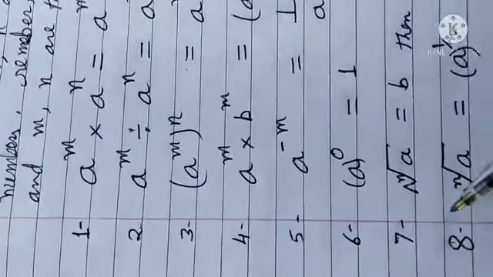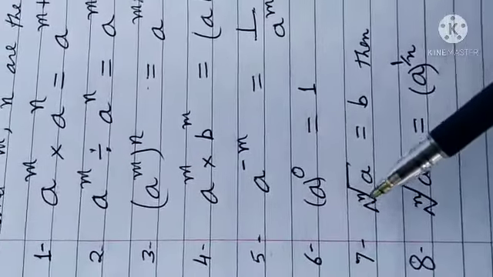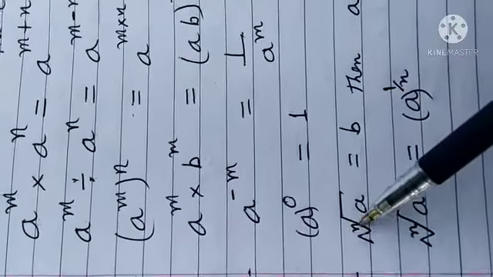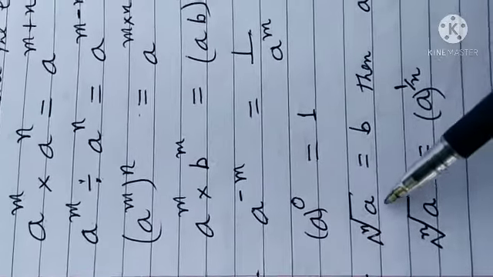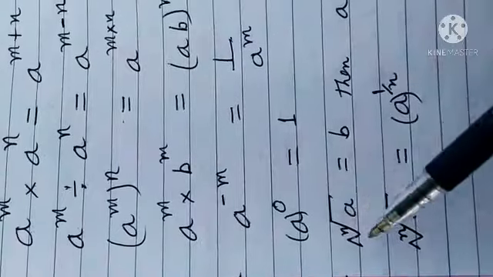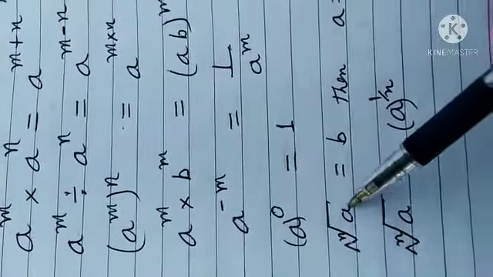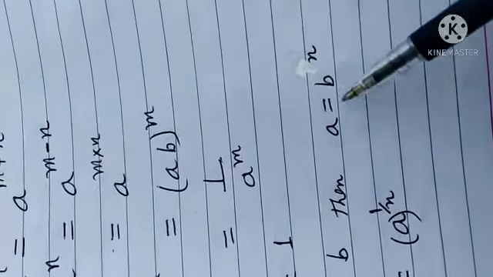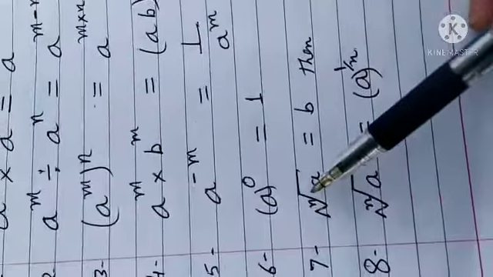Okay. Hereafter, the seventh law: this root sign with exponent n, and a real number. So if the nth root of a is equal to b, then you can remove the root from here and n will come in the form of a power. So a is equal to b to the power n if you remove the root sign.